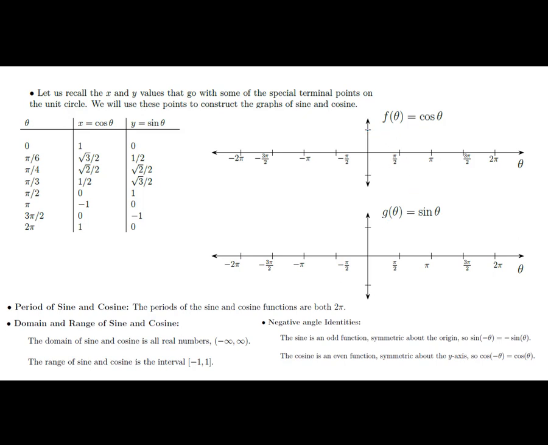When theta equals 0, the cosine is equal to 1. When it's pi over 2, cosine is 0. When it's pi, it's -1. When it's 3 pi over 2, it's back to 0. And then when it's back at 2 pi, I'm back up at 1.